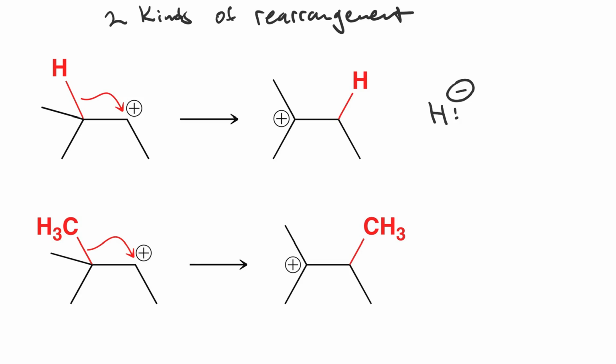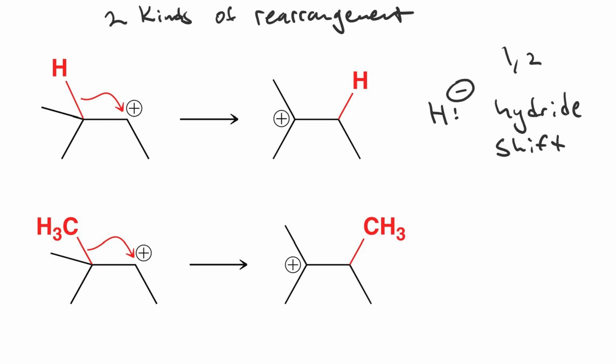This is a hydride ion. It's a hydrogen with 2 electrons. And we know this is hydride shift because the curved arrow starts on the CH sigma bond. Hydrides can only shift by 1 position. Hence, it's called 1,2 hydride shift.